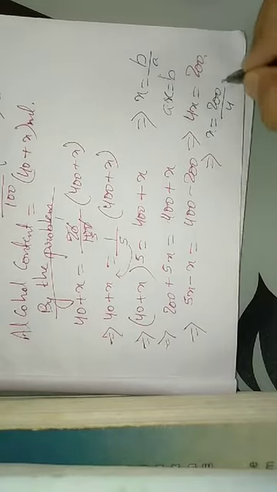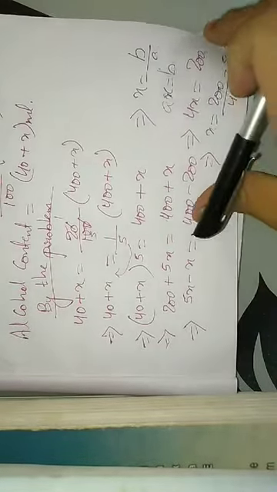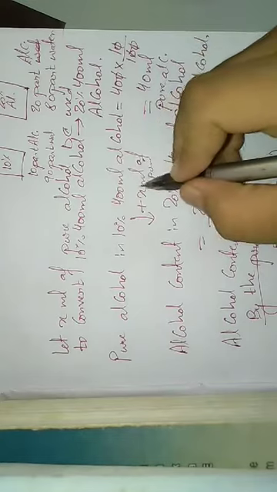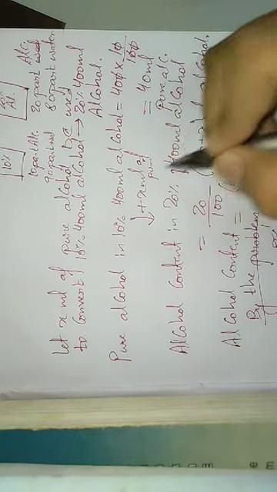So x is equal to 200 by 4, which is 50. 50 ml of alcohol you have to add, and that is your answer. 50 ml of alcohol you have to add to 400 ml of 10% alcohol to make it 20% alcohol. This x ml they were talking about is 50 ml.